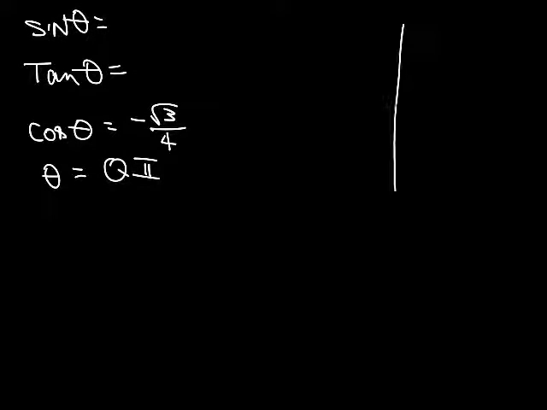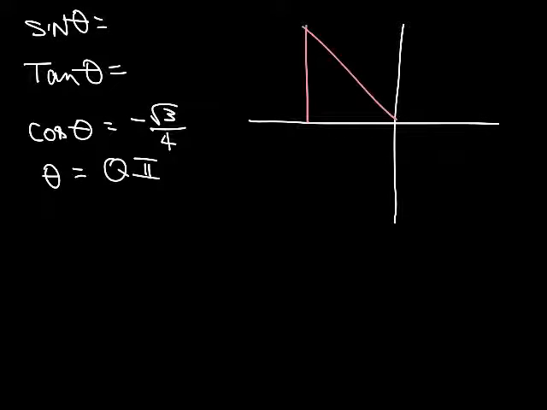So I'm going to draw my picture here, and that always helps me. I've got an angle here. Let's just put an angle in there, make a triangle. And this is my theta. And my cosine of theta is negative square root of 3 over 4. That's all they give me. But I know cosine is x over r. So I know that my top number is my x, and my bottom number is my r.